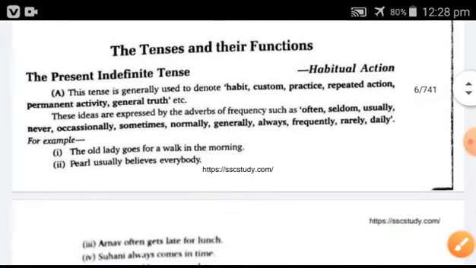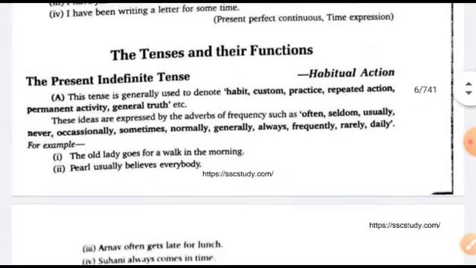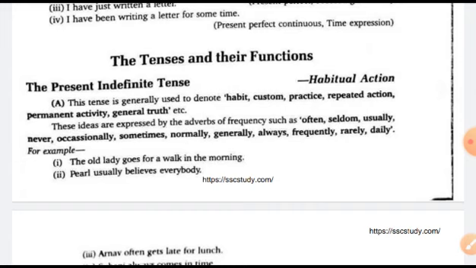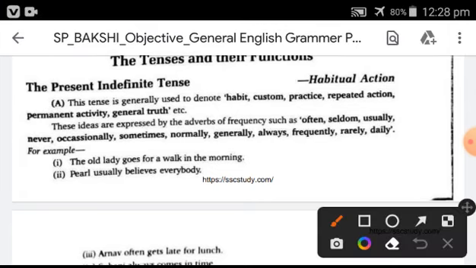Another most important slide is also written here: the tenses and their function. As I said, I will discuss further the function of tenses, and here is a slide.